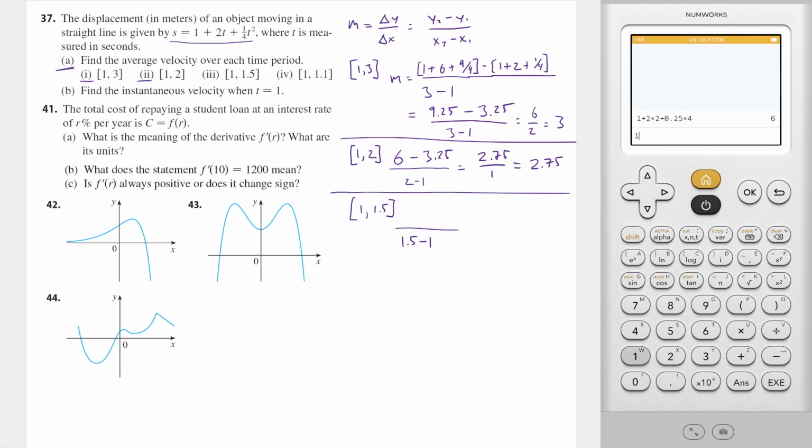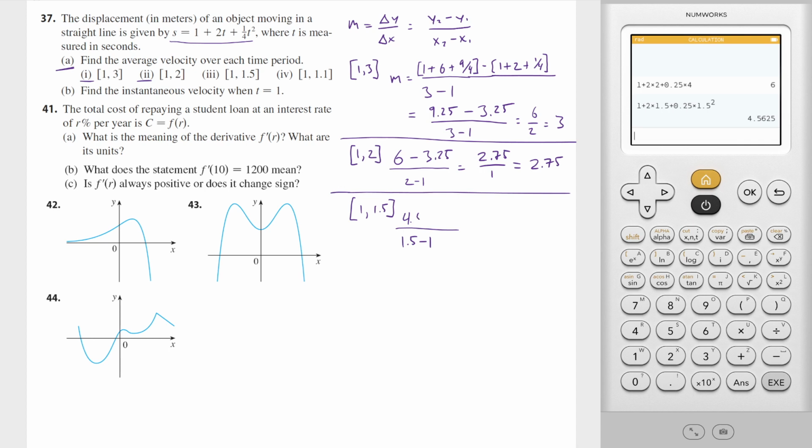So 1 plus 2 times 1.5 plus 0.25 times 1.5 squared, and that is equal to 4.625. Okay, so 4.625, or sorry, 4.565. Let's fix that.